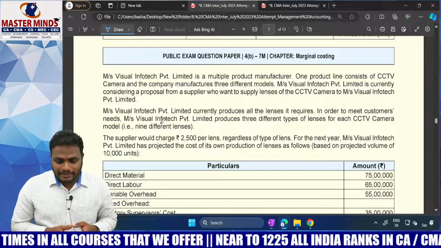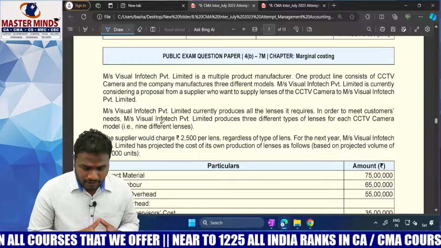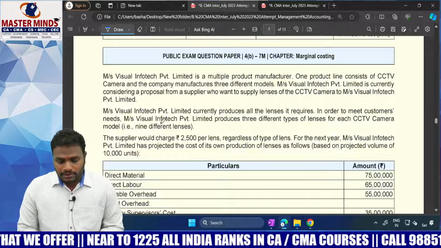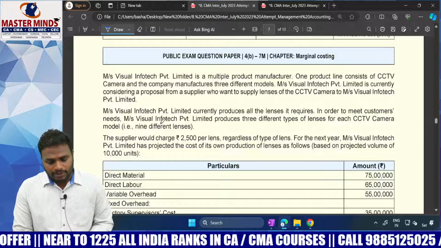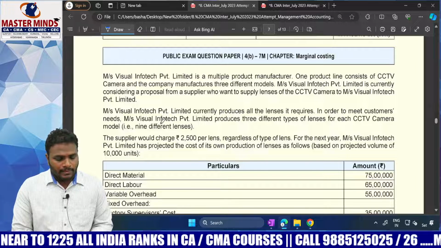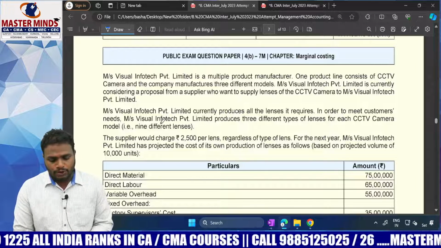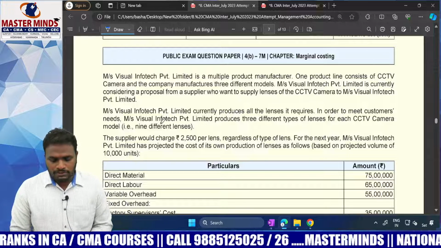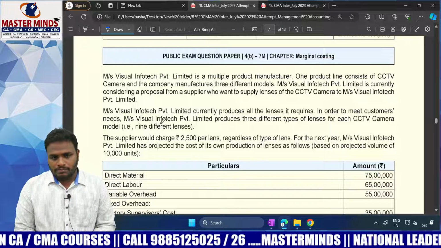One product line consists of CCTV cameras, and the company manufactures 3 different models. The company is currently considering a proposal from a supplier who wants to supply lenses for the CCTV cameras.